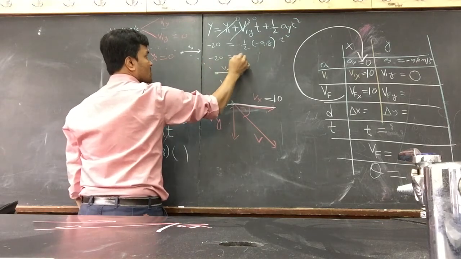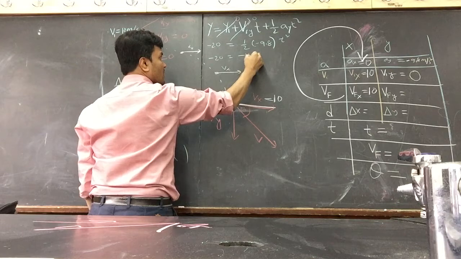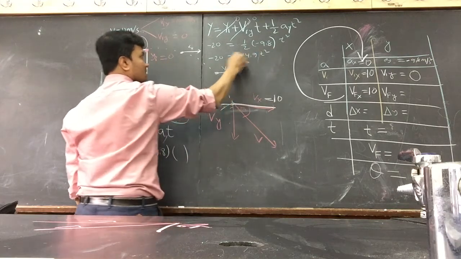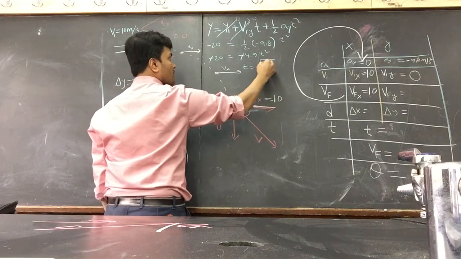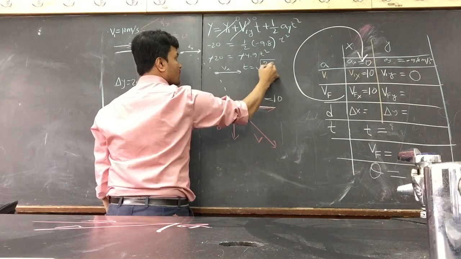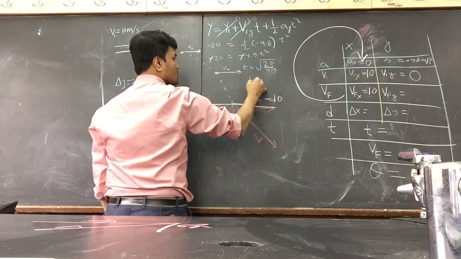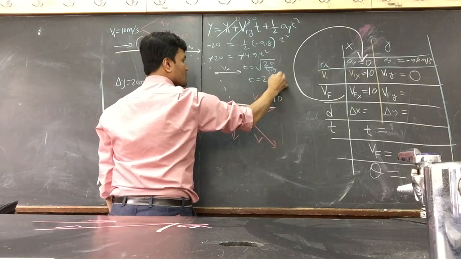Negative 20 is equal to negative 4.9 t squared. So t is equal to the square root of 20 over 4.9. So t is equal to 2.02 seconds.